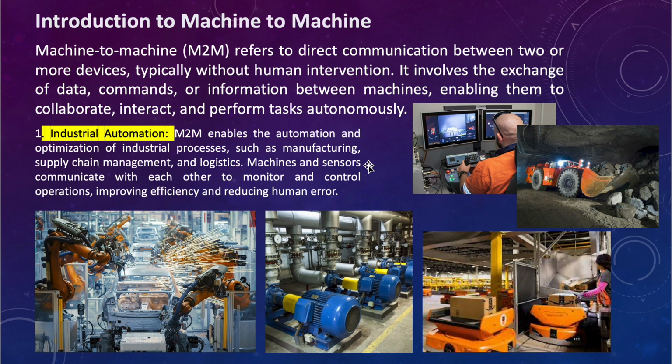Machine to machine enables the automation and optimization of industrial processes such as manufacturing, supply chain management, and logistics. Machines and sensors communicate with each other to monitor and control operations, improving efficiency and reducing human error.